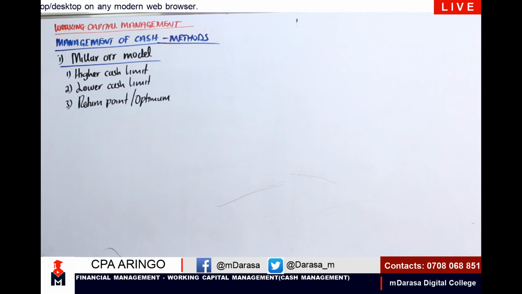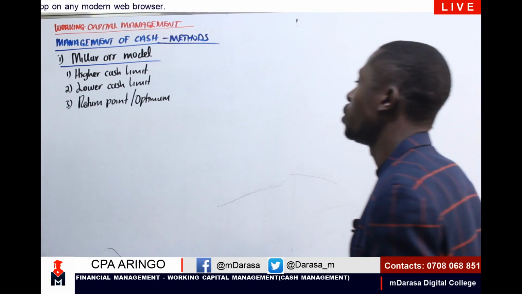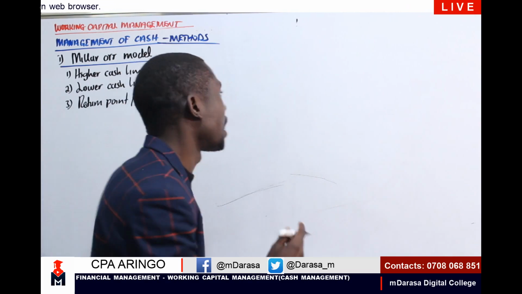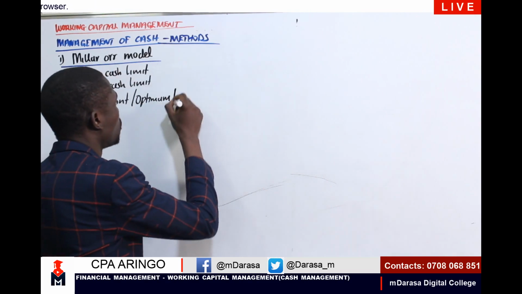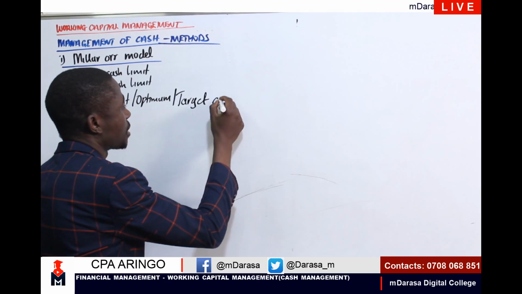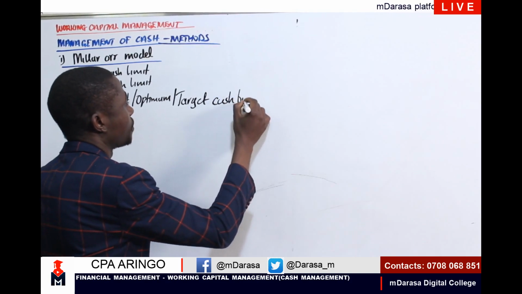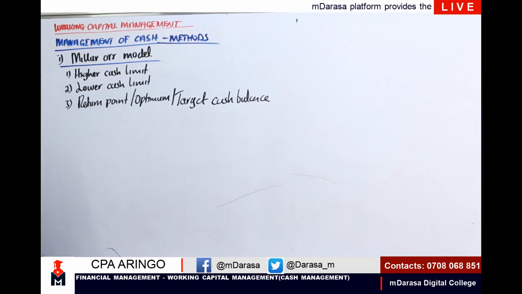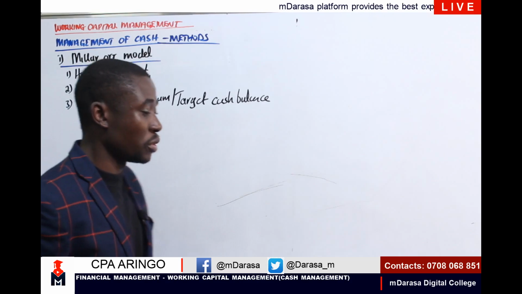Some will also refer to it, other than optimum, as a target cash balance. All these are the terms that you can use to refer to that return point.